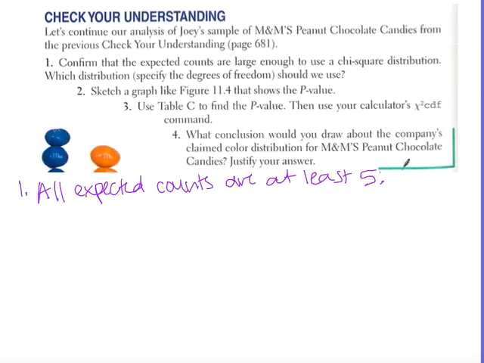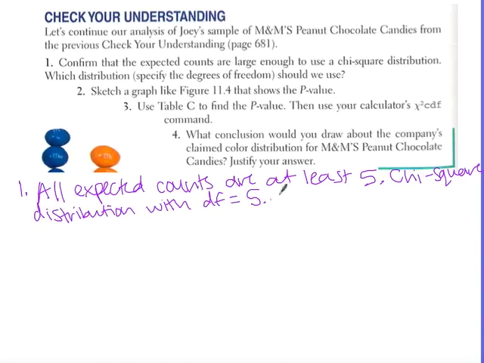Because all expected counts are at least 5, we should use a chi-squared distribution with degrees of freedom equal to 5.